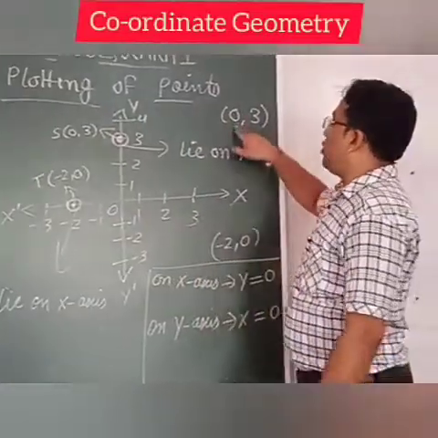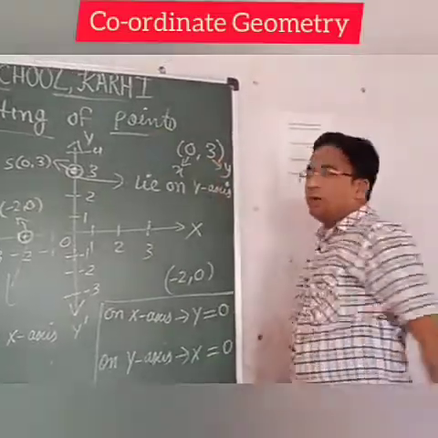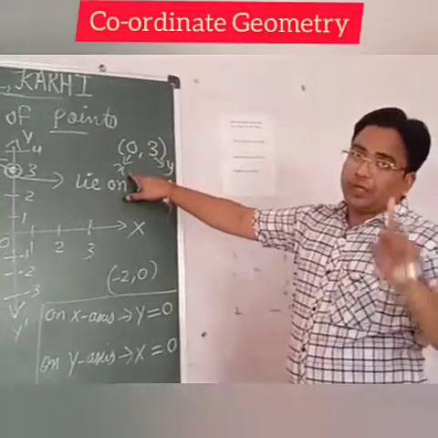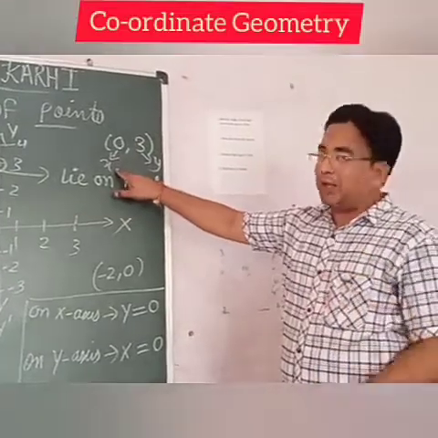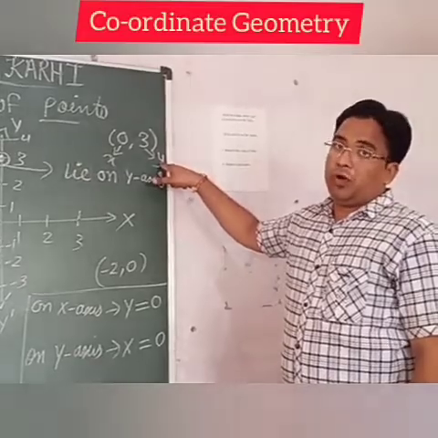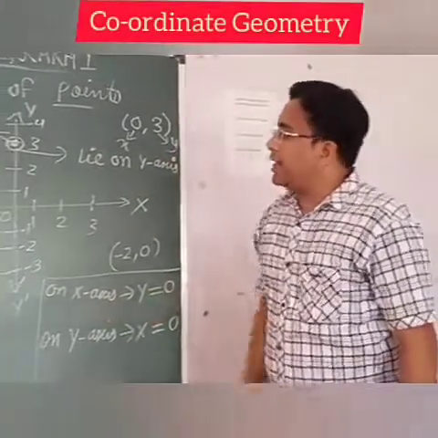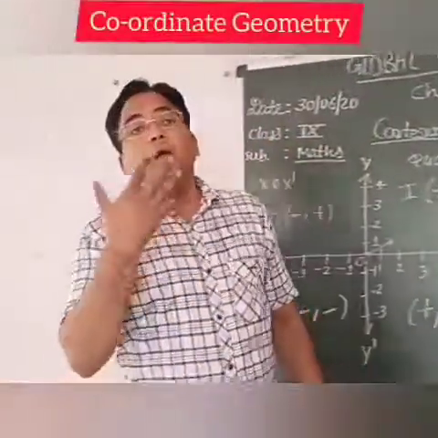In an ordered pair, the first value always represents the x coordinate and the second the y coordinate. The x coordinate is also known as abscissa, and the y coordinate is also known as ordinate. And at the last we have seen how to plot points and how to find the position of a point.